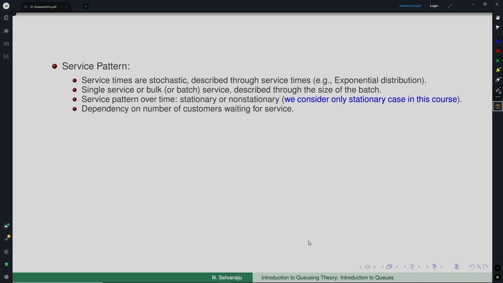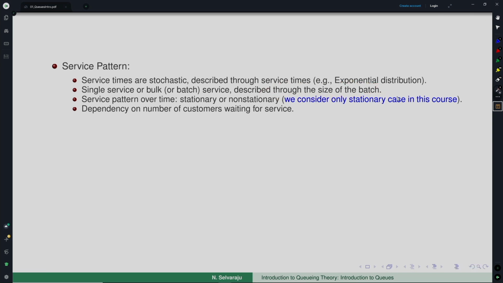Which means the service is done in bulk, for example a ferry crossing the river from one side to the other, right. So, you could see that the service is happening in bulk. Again, for the bulk, what is the batch size, what is the group size, that is described through the size of the batch.